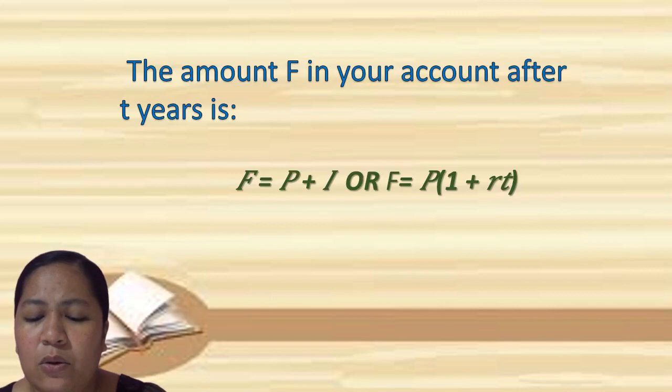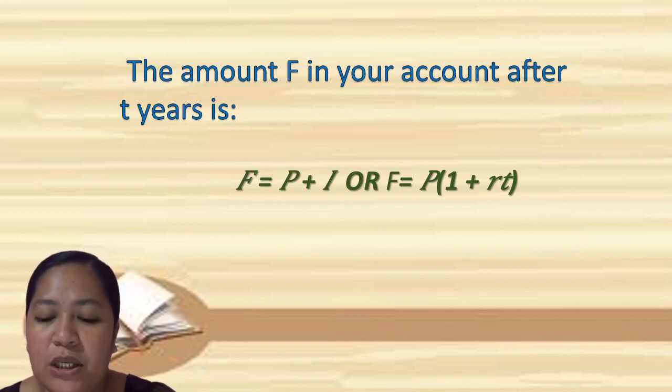So if we use the formula for simple interest, which is I equals PRT, we can only get the interest, and then we will be using another formula, F equals P plus I, to get the whole amount.